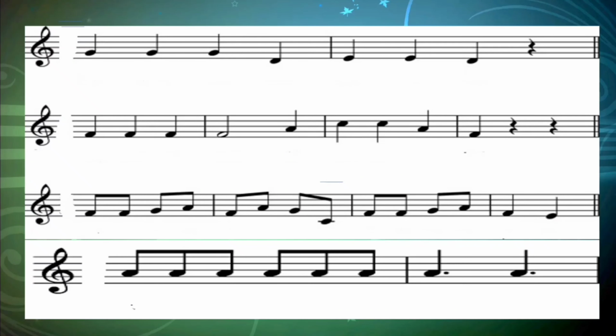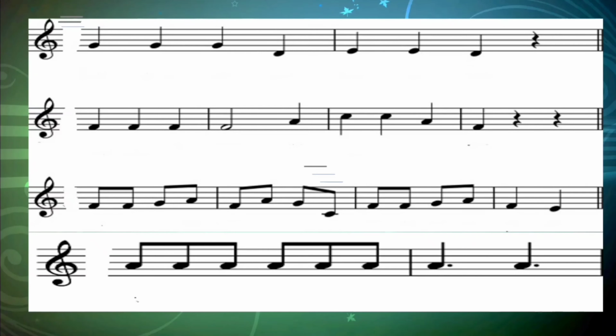And the last example, what is the time signature? So obviously, we have 6 eighth notes which are divided into two groups. Okay, so therefore, this is a 6/8 time signature.